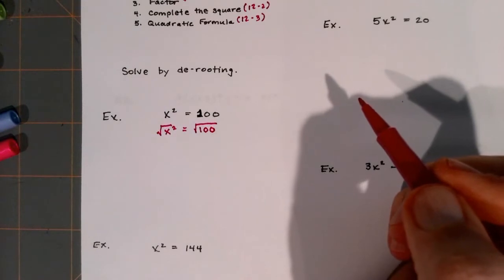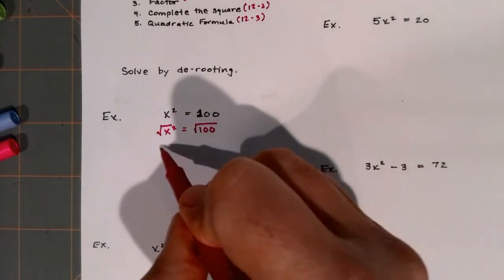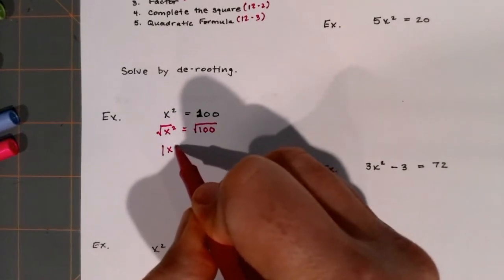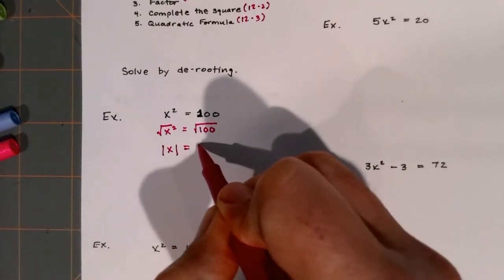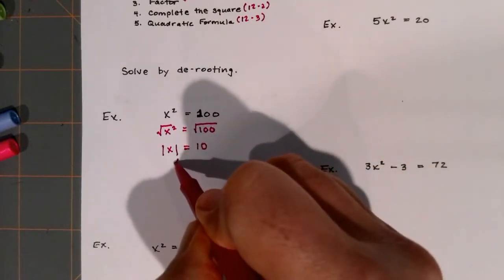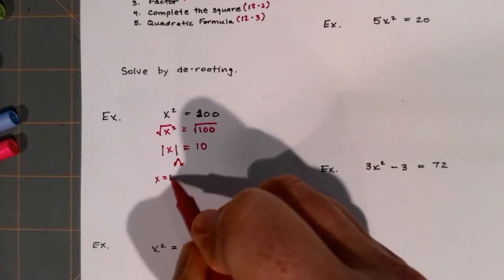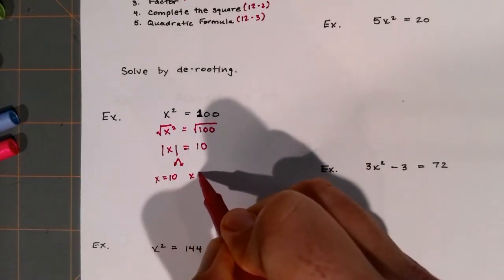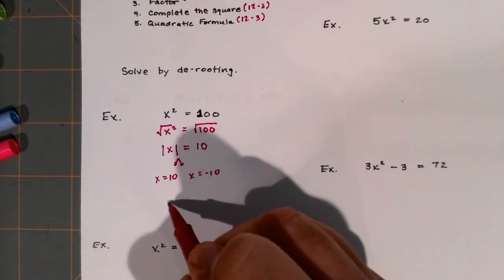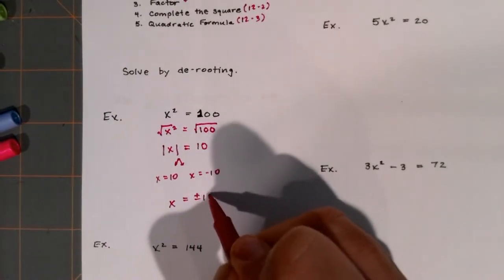You're allowed to do that so long as you do the same thing to both sides. So here you get the absolute value of x is equal to 10. Bifurcate, so here you get x equals 10 and x equals negative 10. So I would write my answer x equals plus or minus 10.